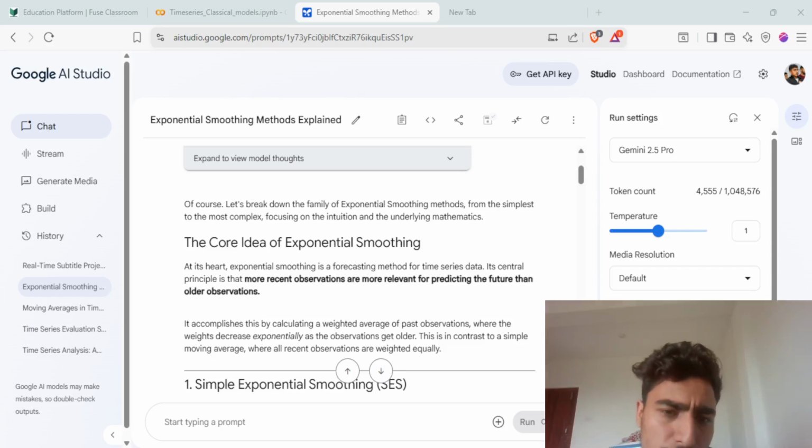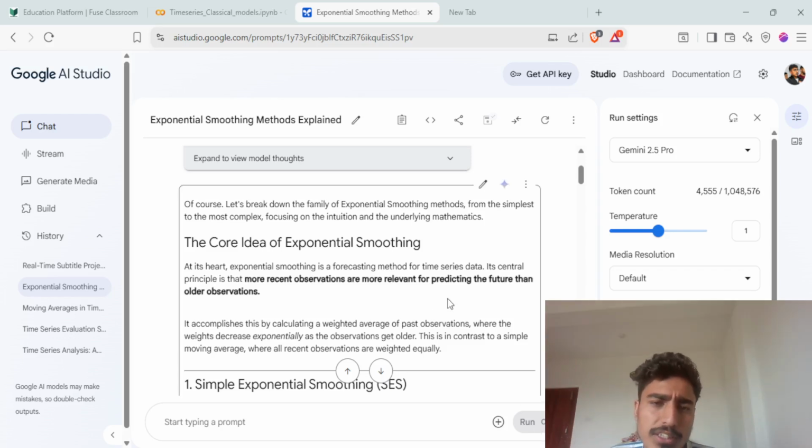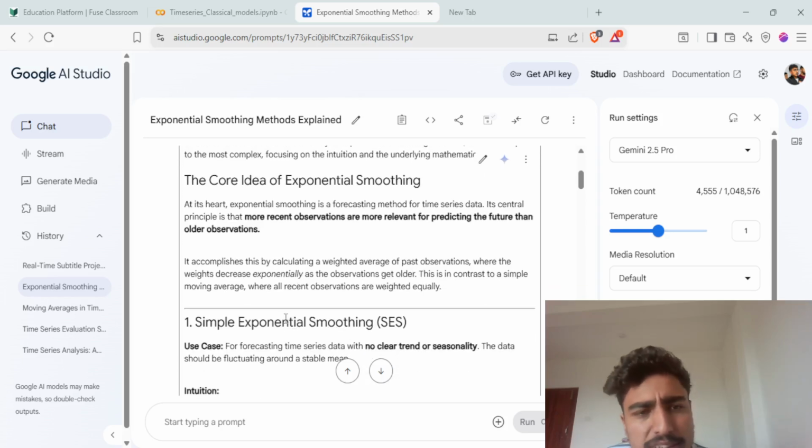This will be covered in this video. We'll cover all of these here, as I have spoken about the principles and basic concepts of exponential smoothing.